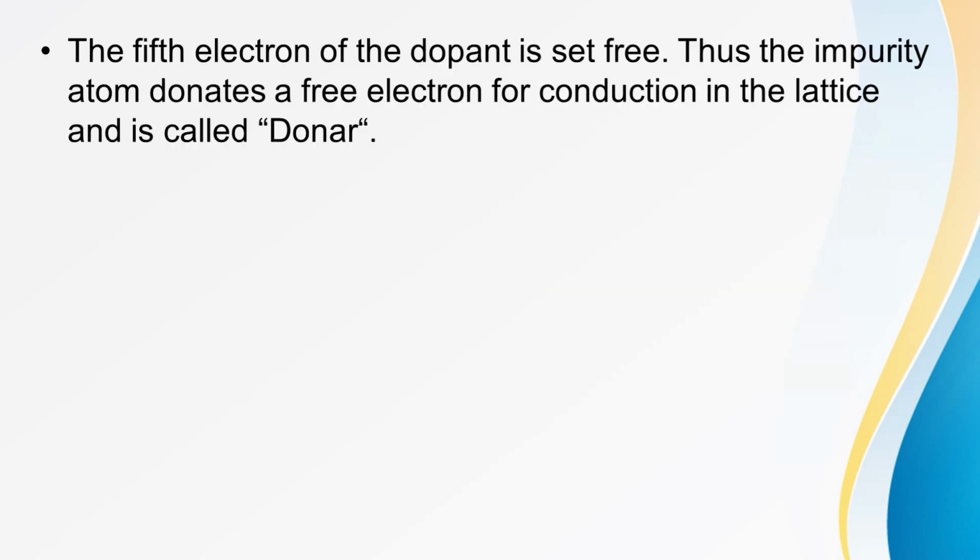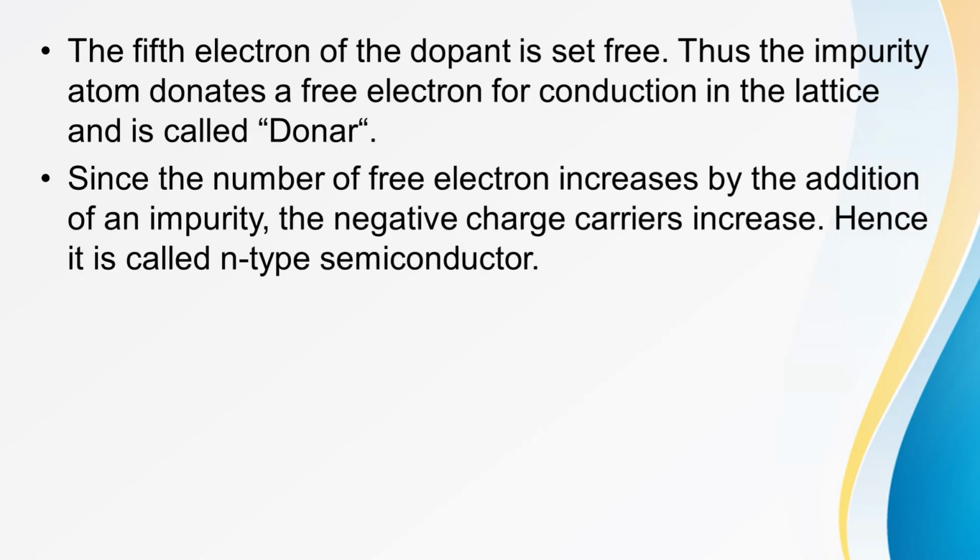As we have observed, the 5th electron of the dopant is set free. Thus, the impurity atom donates a free electron for conduction in the lattice and it is called the donor atom. Since the number of free electrons increases by the addition of an impurity, the negative charge carriers increase.